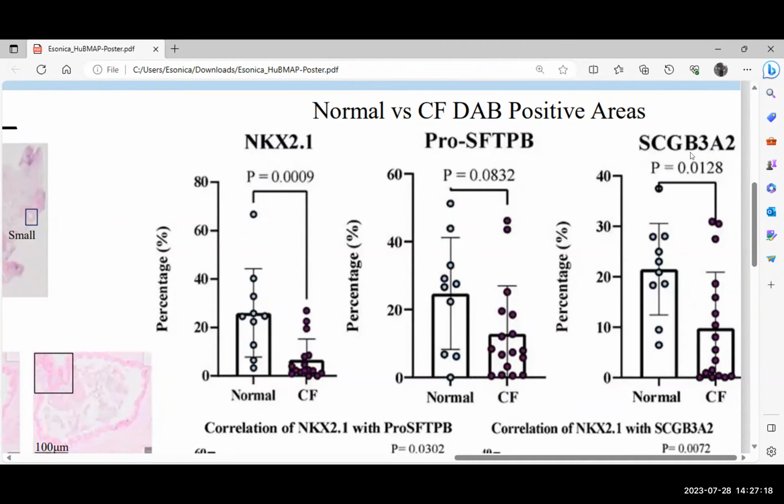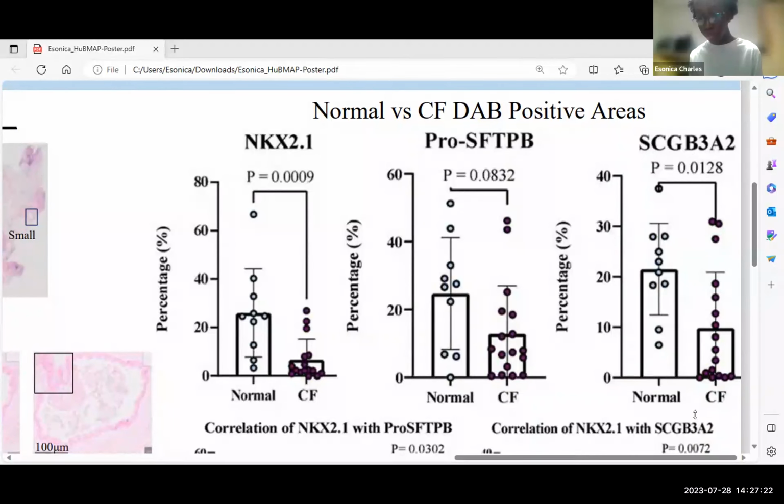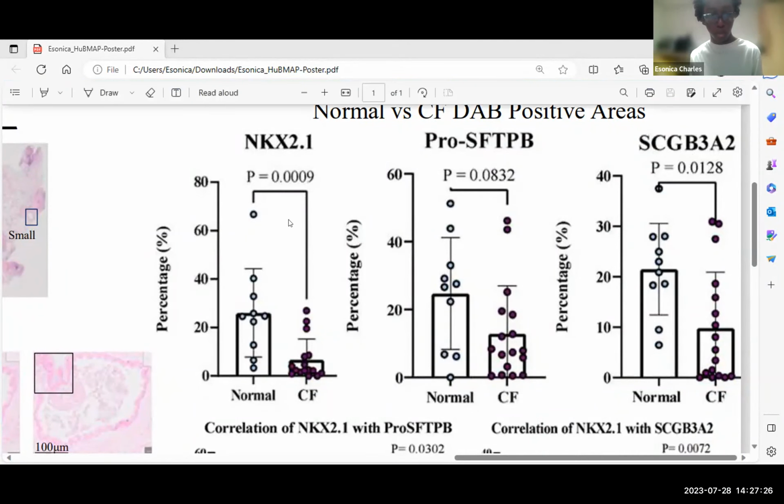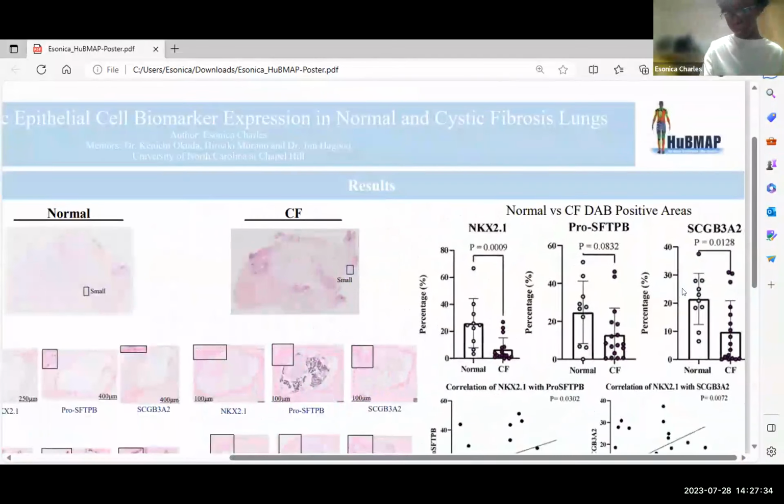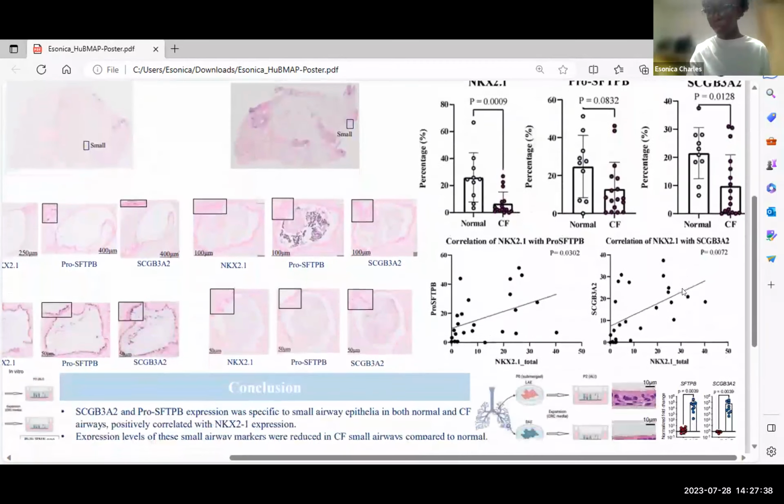And then for SCGB3A2, we have a significant difference. Although it's not as expressive as NKX2.1, it's still significant, even with those outliers that you see here in the individual colors of green and purple.